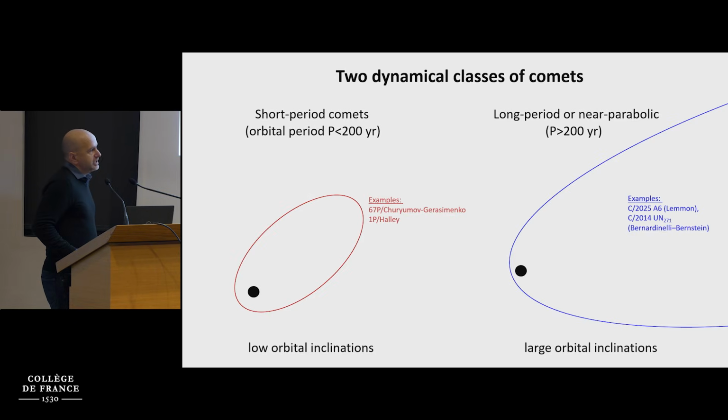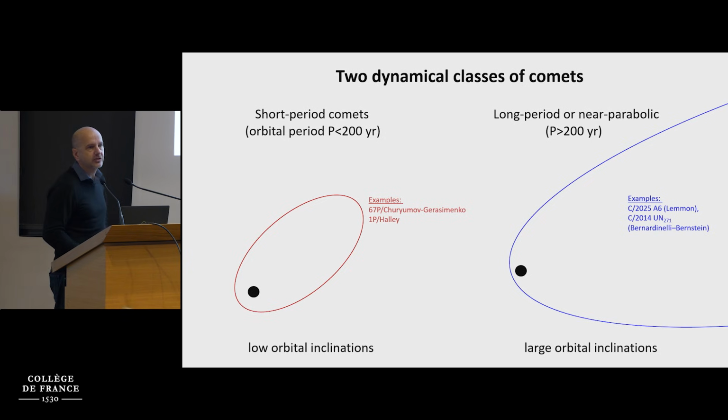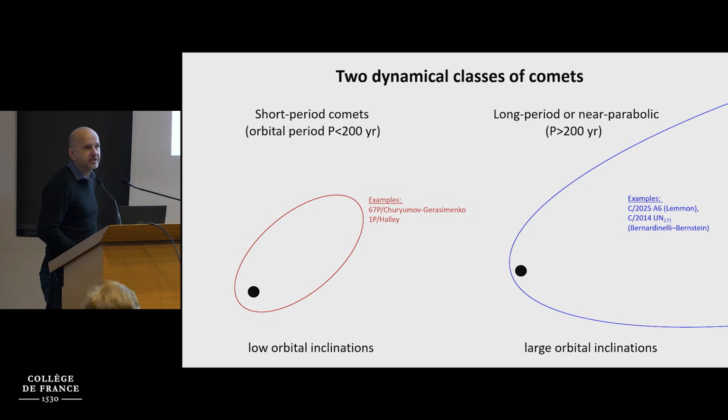Now, as for the orbital classification of comets, comets have traditionally been classified into two categories. The ones which have short orbital periods, shorter than 200 years. A good example of this is comet 1P Halley, which has an orbital period of about 75 years.